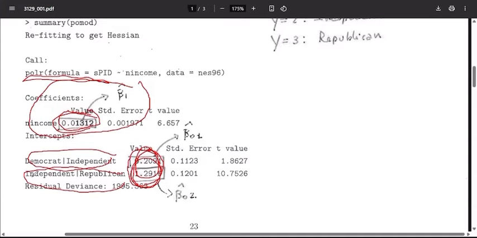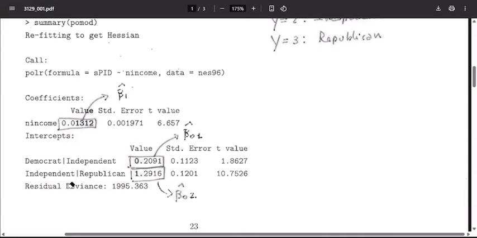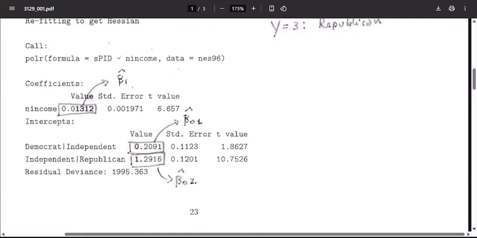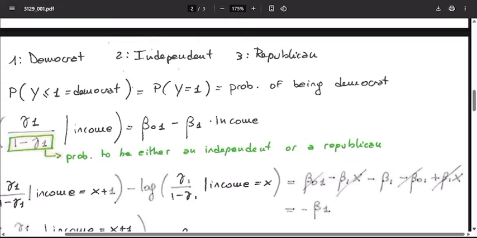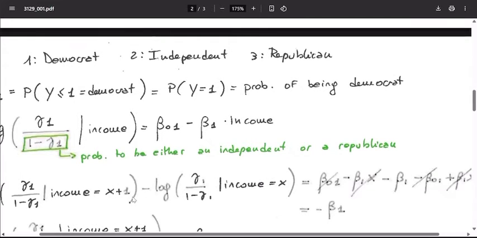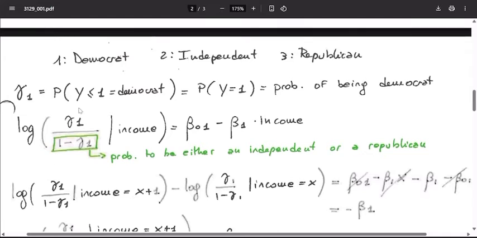Now, how do we make an interpretation here? I'm actually going to walk you through that. Because we're talking about ordering, I need you to pay attention. For instance, if I want to talk about the probability of y less or equal to 1, where the 1 is Democrat, I'll first number them: Democrat 1, Independent 2, Republican 3. And I want to find the probability.